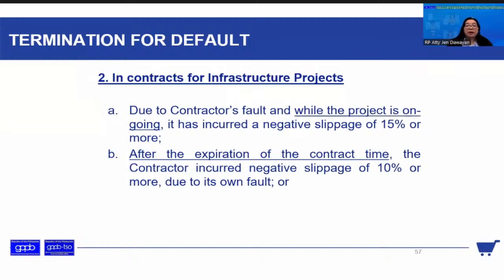For example, the contract ended June 30, and then the contractor, from July 31 onwards, incurred 10% slippage or more due to his own fault, then there is a ground for terminating the contract for default of the contractor.